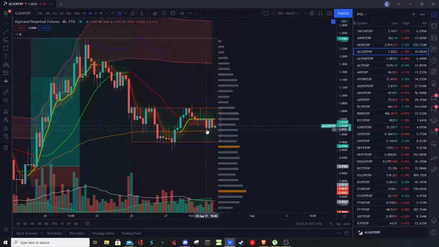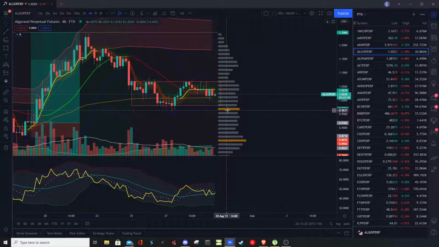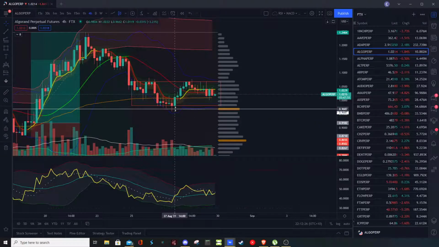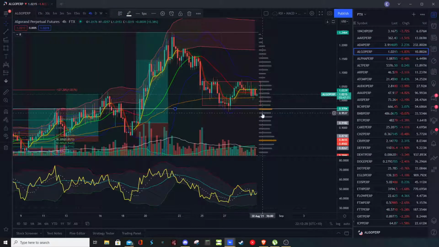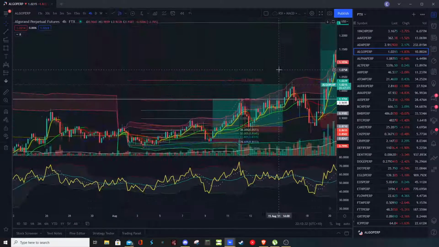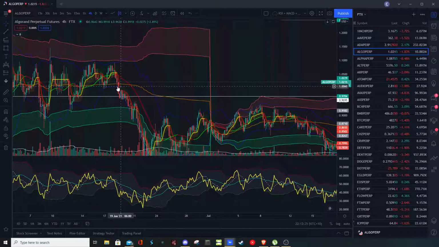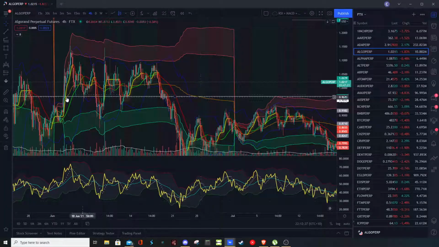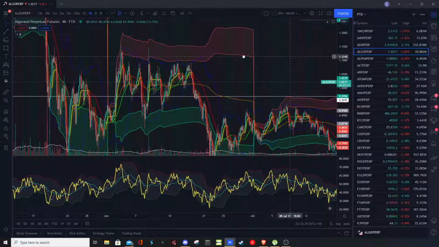So that's good that you got that orange volume line there. It's telling you that there is some support here based on the previous data in the candles. So support there. If we go back even further, got some support there. All right.